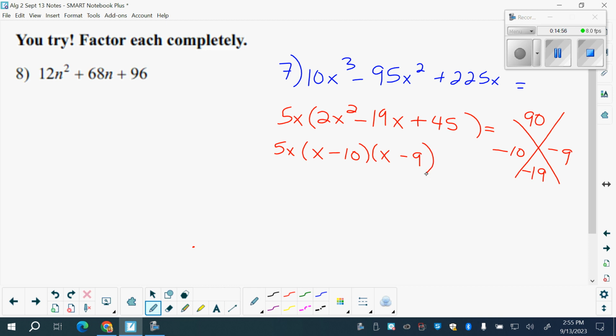Now, when you go to do your dividing by the 2, you're looking at the 2 there, not the 5x. You're ignoring that just temporarily. That's just a factor that stays out in the front. So we're going to divide by 2 because we took 2 times 45. And then we get 5x times x minus 5 times 2x minus 9.